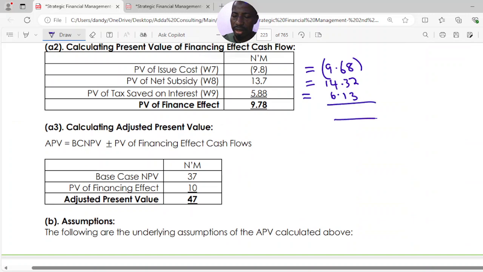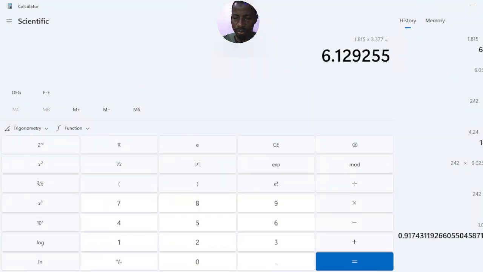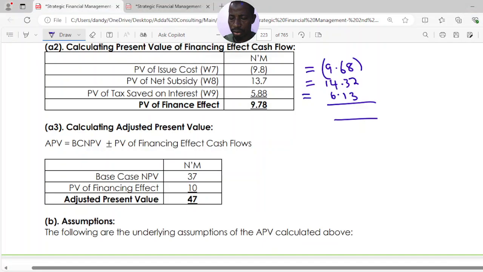So the final answer will be equal to 9.68. Before that, I will say 6.32 plus, no, not 6.32, 6.13.